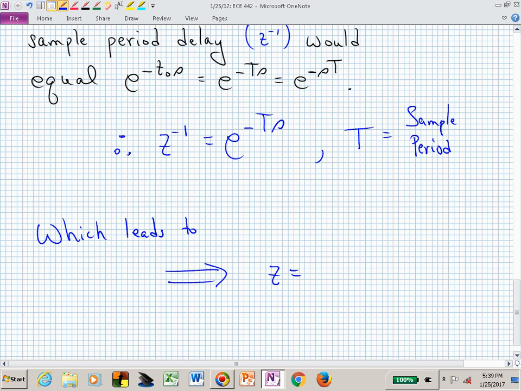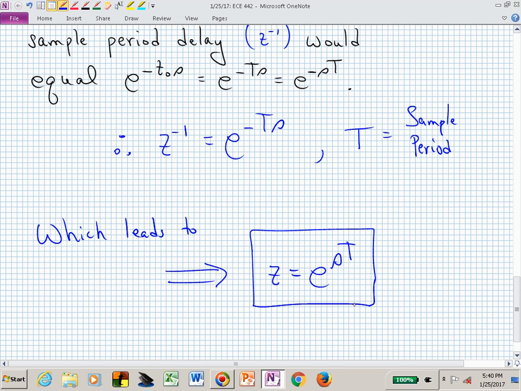What's this complex variable z equal if z to the minus 1 equals e to the minus sT? Or if we look at that original expression, it's now 1 over z is equal to 1 over e to the sT. The numerator looks the same. What's the denominator? That's what I'm really saying here. Z is equal to e to the sT.